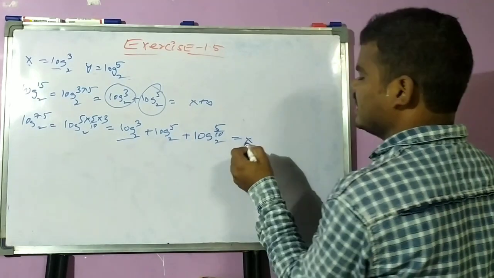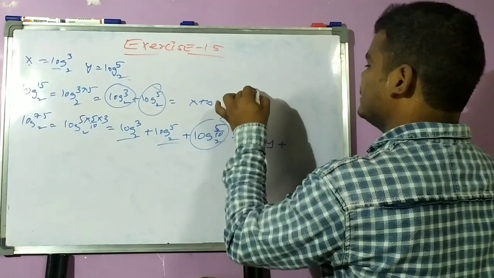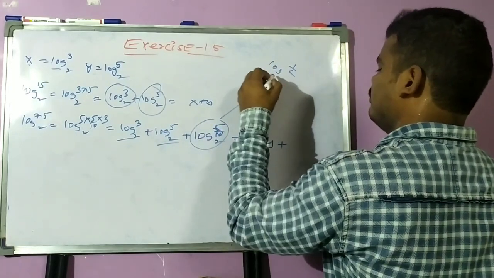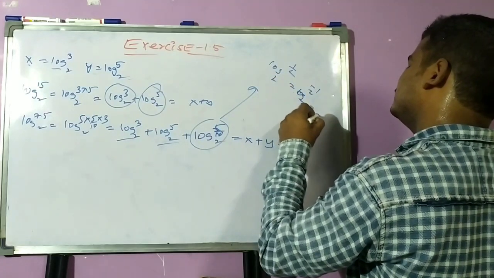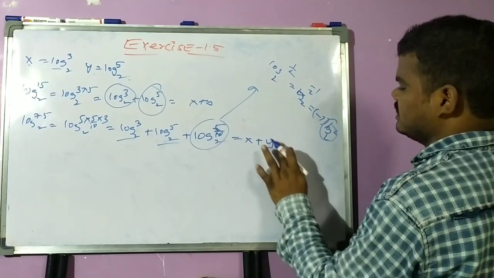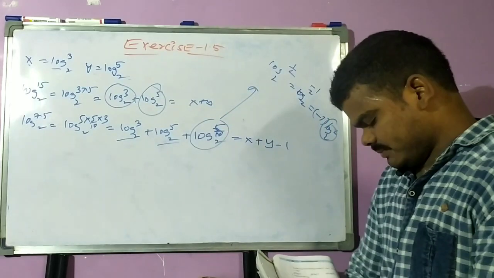This value is x and this value is y, and this can be written as logarithm of 1 by 2. Therefore, logarithm of 2 power minus 1 to base 2 is minus 1 into logarithm of 2 to base 2, whose value is 1. Therefore, minus 1 into plus 1 is equal to minus 1.